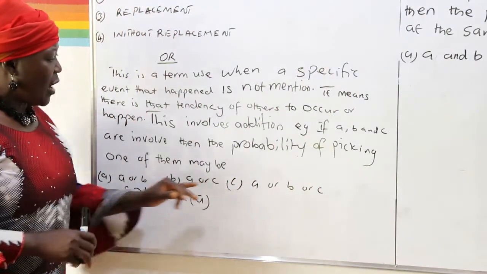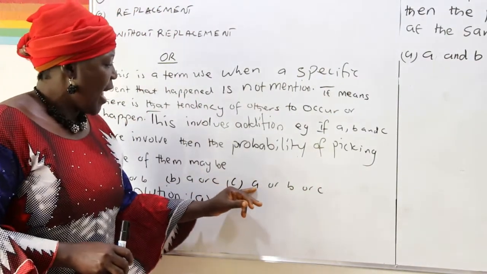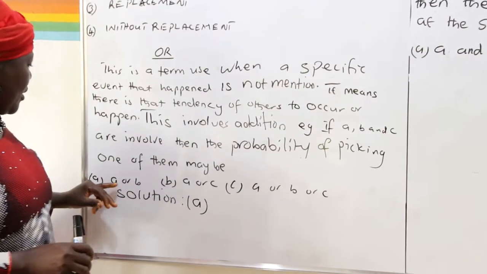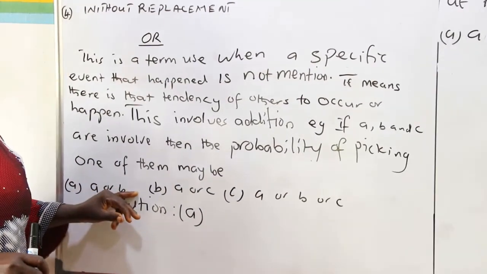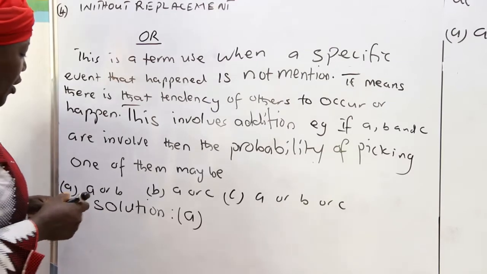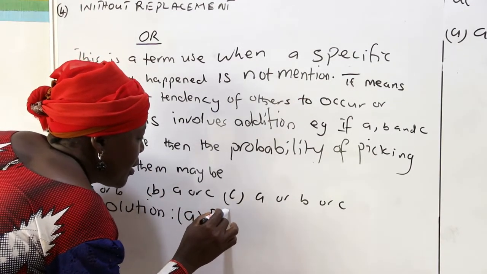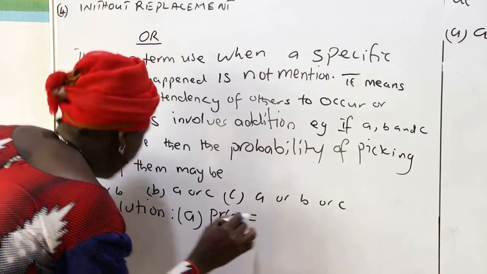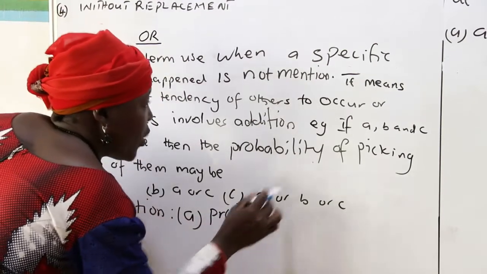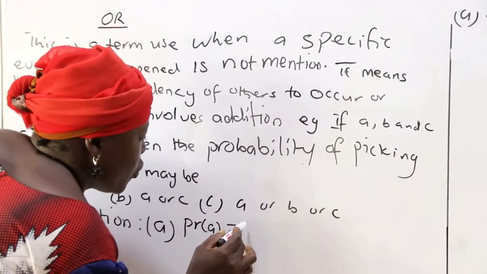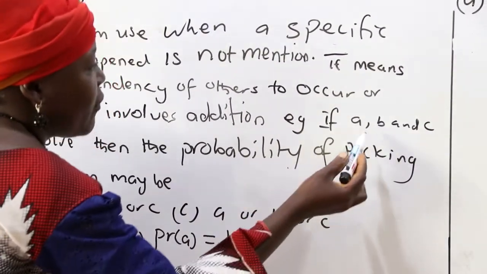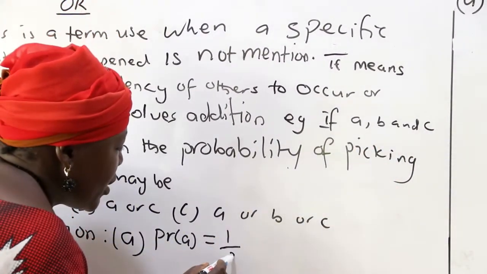So for us to calculate A or B, first of all, the probability of A is the same thing as we have only one A. So it will be 1 over the total number of them, 1, 2, 3, 1 over 3.